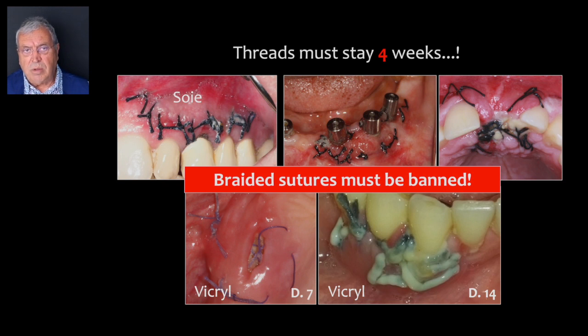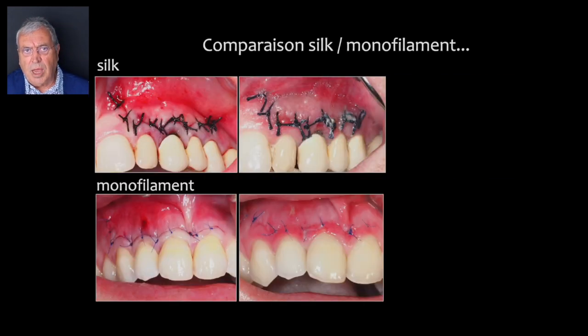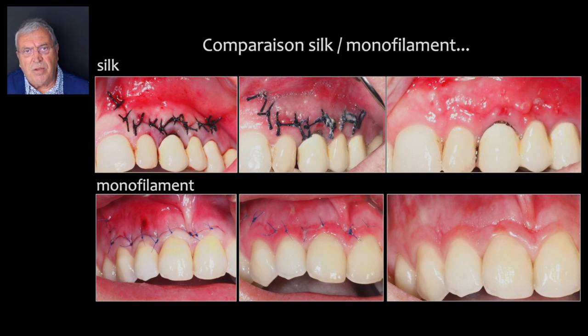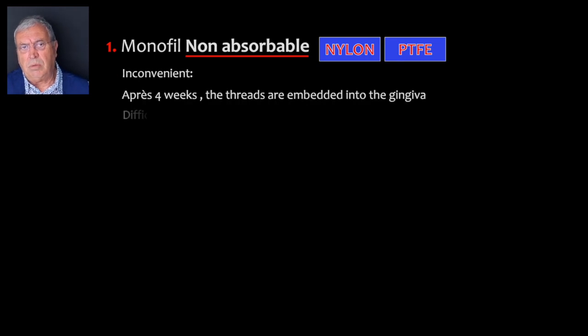It's obvious that we can't use silk or any braided suture when we leave the suture for 4 weeks. The only solution is to use a monofilament. And we can see the difference in the inflammation of the soft tissue when we use a monofilament. Then, can we use a non-absorbable monofilament?